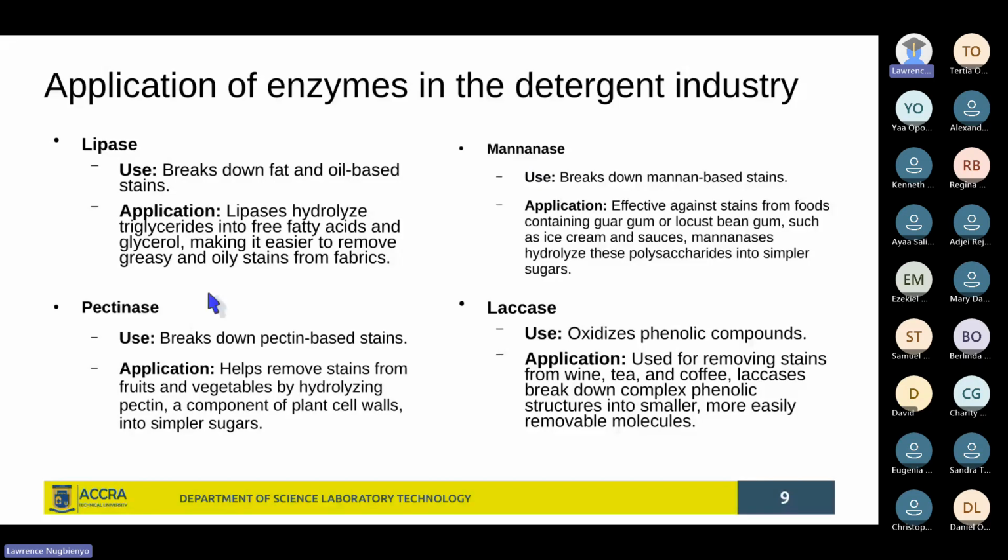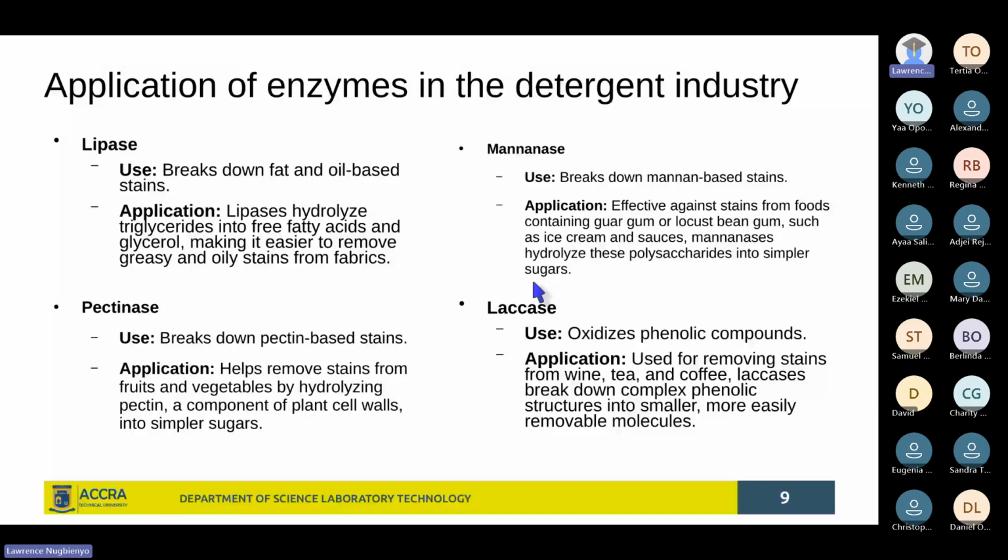I think we saw pectinase already, but this time around, particularly in the detergent industry, we see it. It was being used in the brewery industry, for instance. And here again, you are seeing it being used in detergents because you have some pectin-based stains also. Pectinase can help to hydrolyze and remove them out of fabrics. Same way, laccase we saw, which was being used in the processing of fabrics.